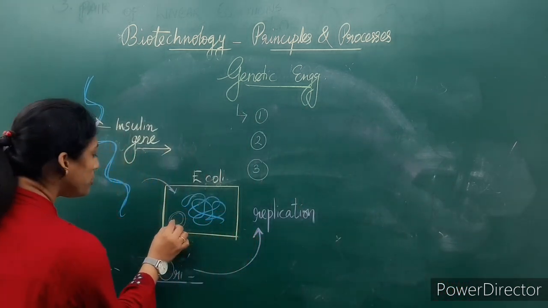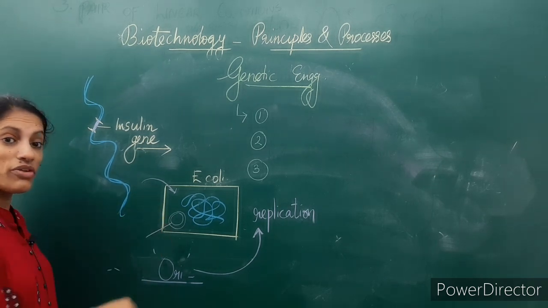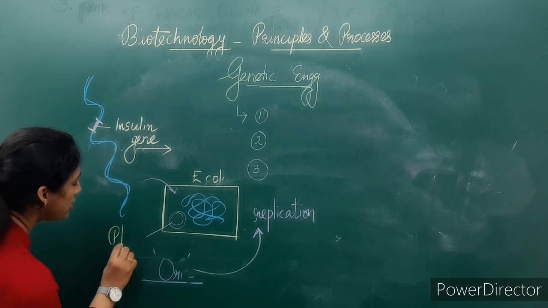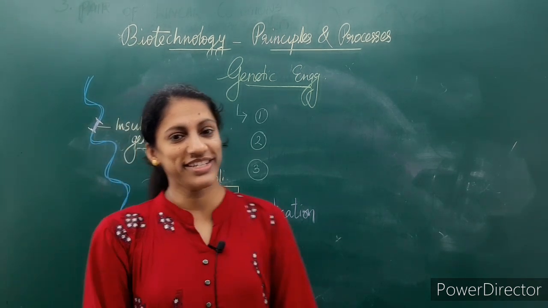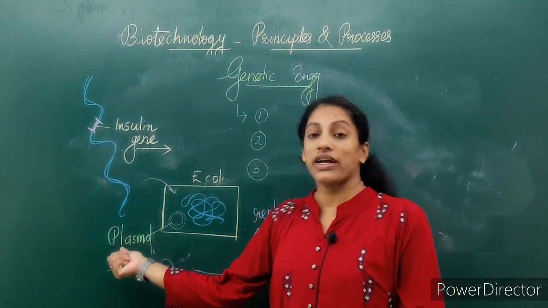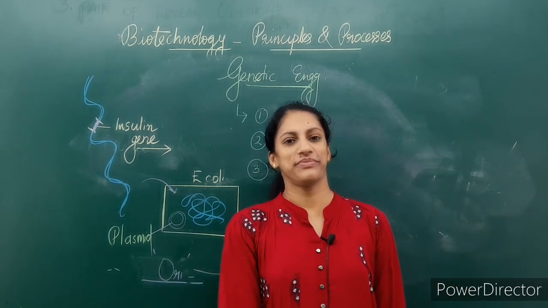This is new, useful information, and it became very useful in biotechnology. That is the plasmid. Understand? The speciality of the bacterial cell is that it contains an extra chromosome called a plasmid.